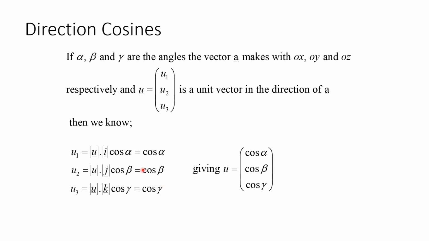Therefore, your vector u, simply because it's a unit vector, can be reduced to the components cos alpha, cos beta, and cos gamma. These components are called the direction cosines of the vector A. So when it's a direction cosine, it has to be the cosine of an angle, because they are simply known as the direction cosines of a vector.